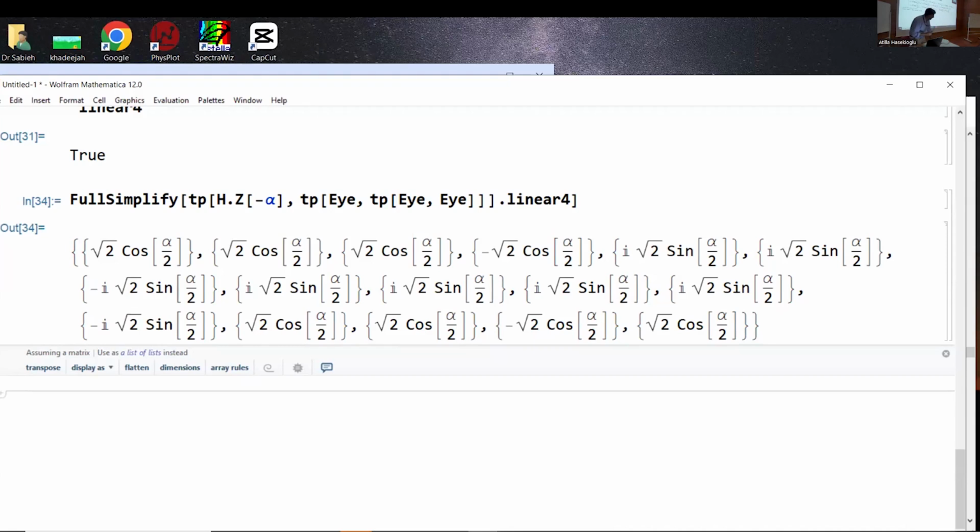So what this does, in other words, is like applying this projector onto your 4 qubit state. You're left with a 3 qubit state.